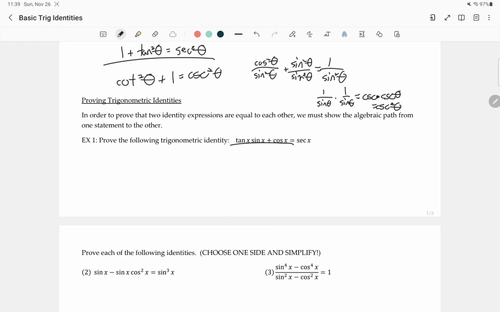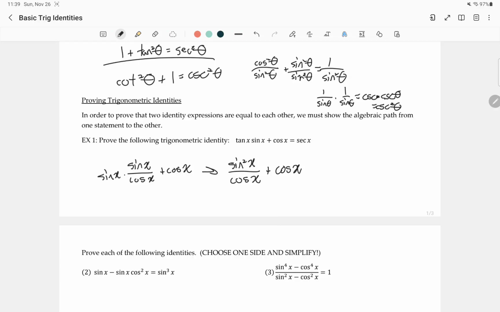So from here, we're going to take this side, and we know that tan x is equal to sine x over cosine x. And then we have plus cosine x, and we can just leave it as plus cosine x for now. Oops, root of theta. And this is actually times sine theta. So this is actually going to give us sine squared theta over cosine x plus cosine x.